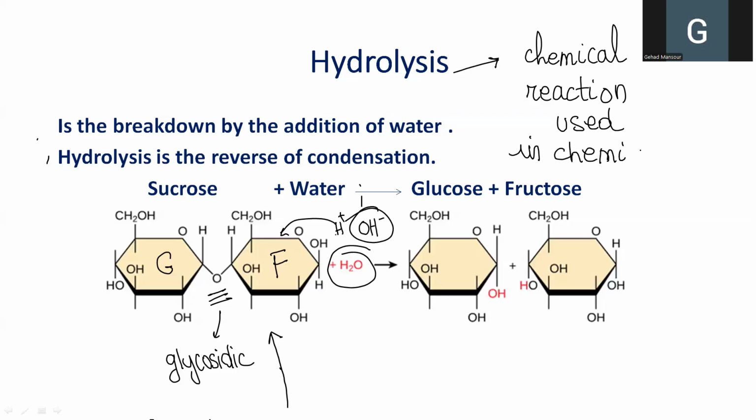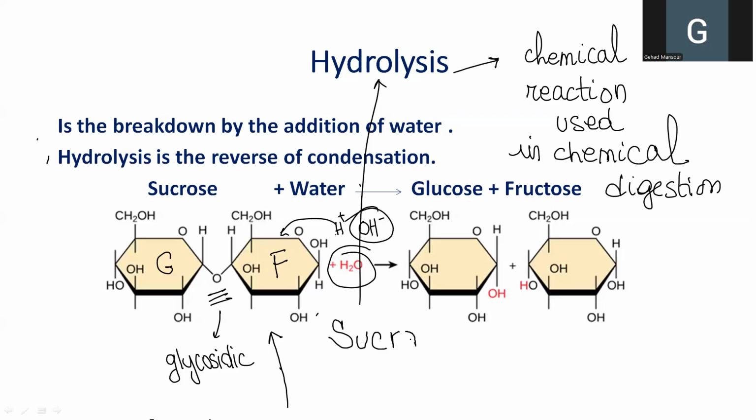Of course, hydrolysis is the addition of water to break down food, but of course we need enzymes to speed up the process, and the enzyme here would be an enzyme that catalyzes hydrolysis, that catalyzes the process. So it is sucrase enzyme. So what is sucrase enzyme?